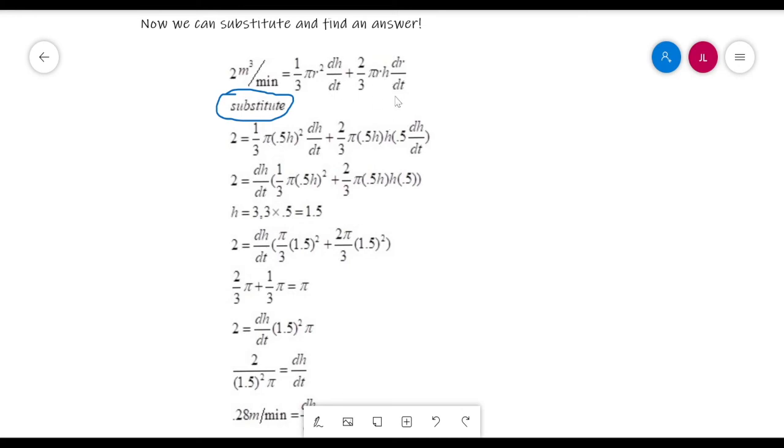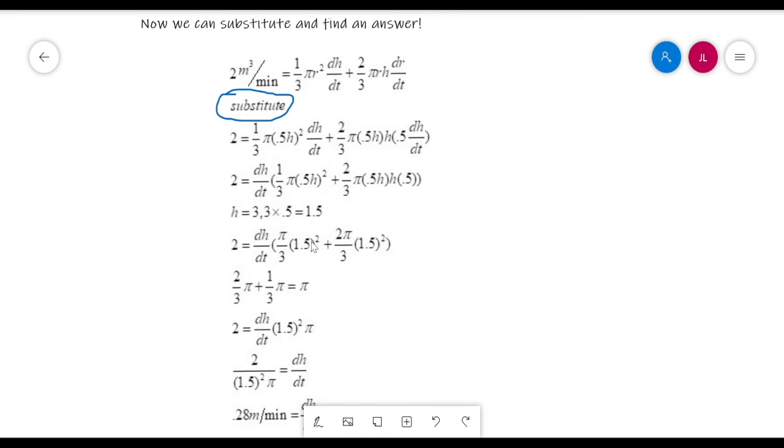And dr/dt is 1/2 dh/dt. I noticed that we have dh/dt in both these terms, so I factored it out. And we have 1/3 pi times 0.5h squared plus 2/3 pi times 0.5h times 0.5h, or 0.5h squared also.